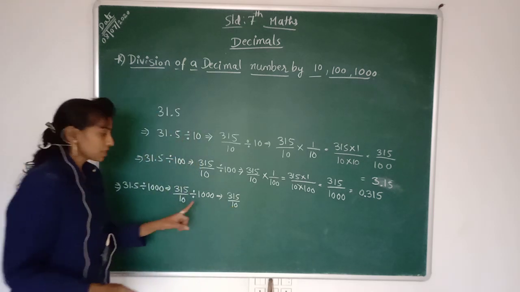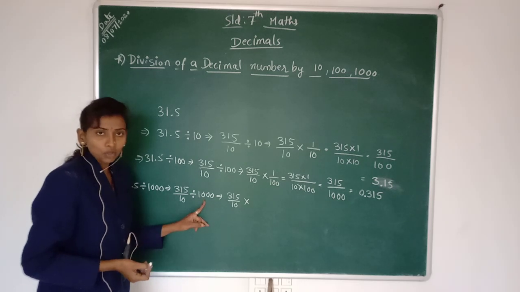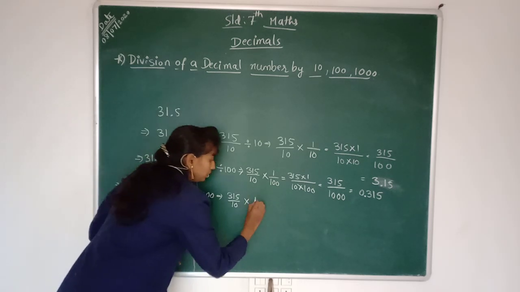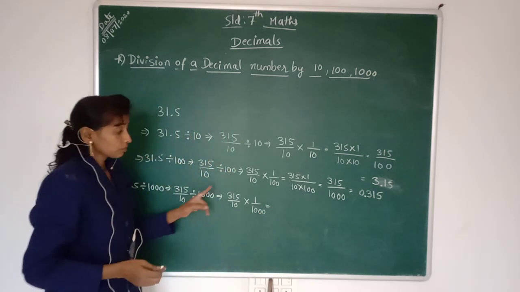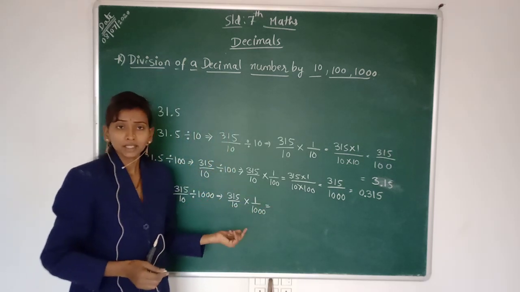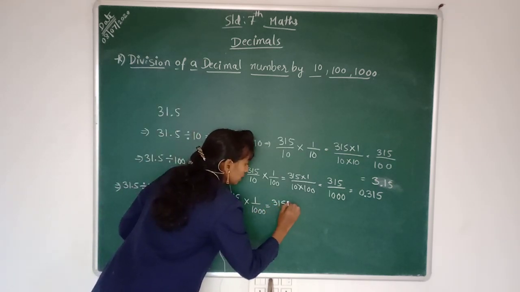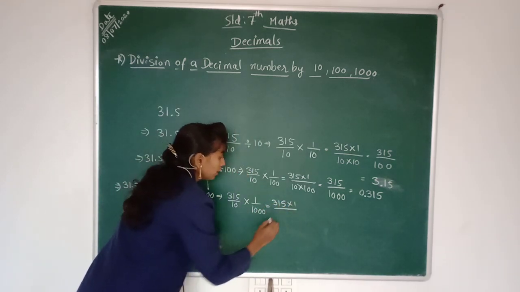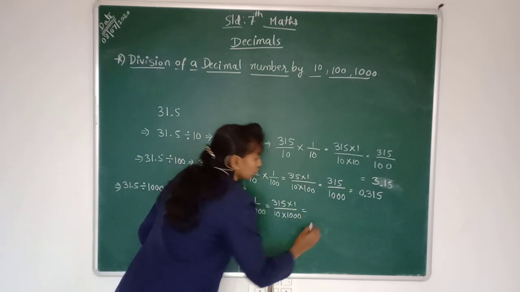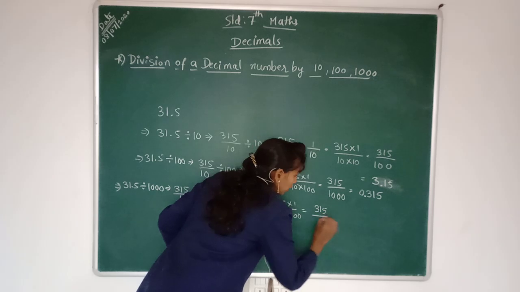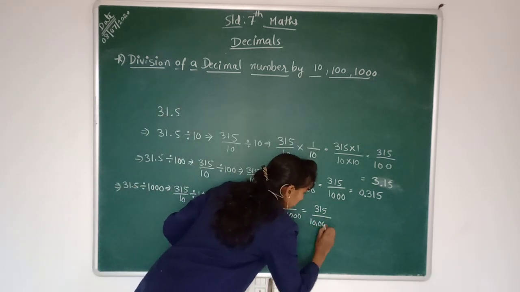Now the division sign becomes multiplication and we write the reciprocal of 1000, that is 1 by 1000. Now multiply numerator and denominator. That is 315 into 1 divided by 10 into 1000. That is equal to 315 divided by 10 into 1000, which is 10,000.